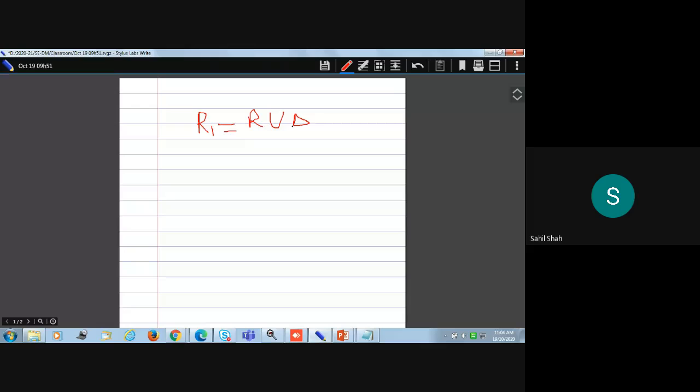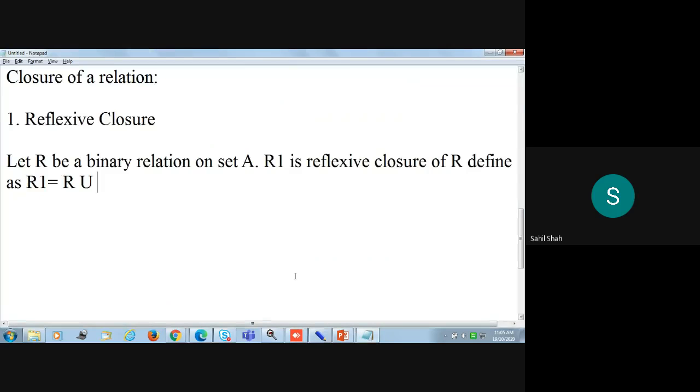Delta will be the smallest set of pairs which will compose all the reflexive missing relations in the given R. I repeat, the reflexive closure of a binary relation R is defined as R1, wherein you are taking union of delta. This delta represents all the pairs which are missing for the given relation to become a reflexive relation. I will write here that symbol, delta.